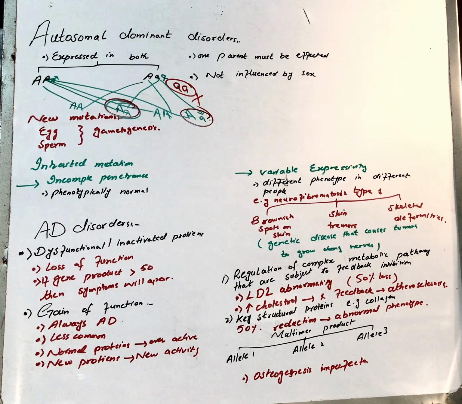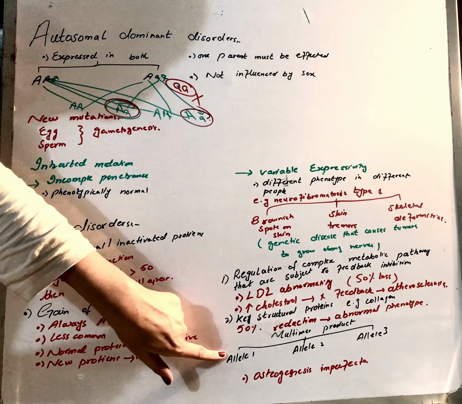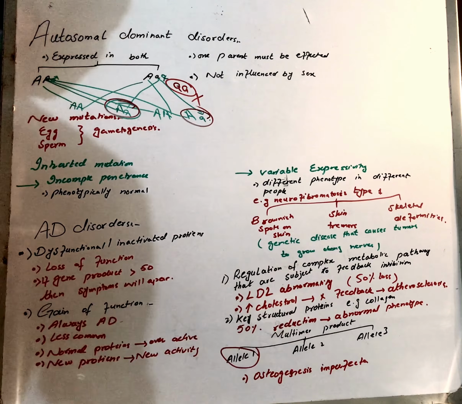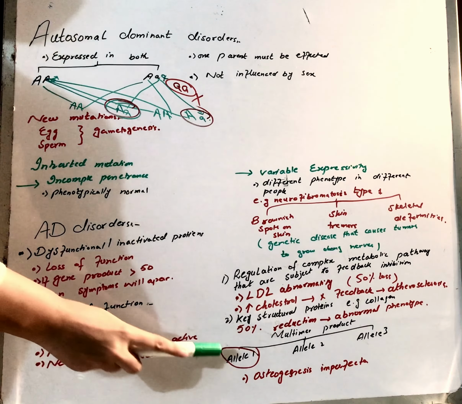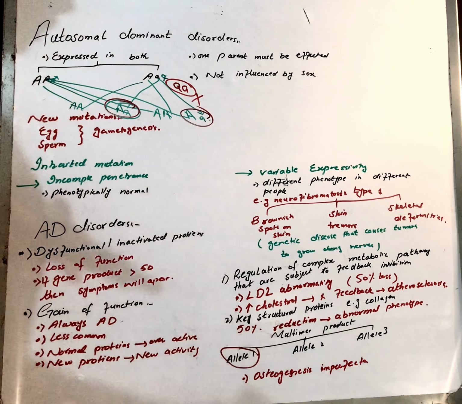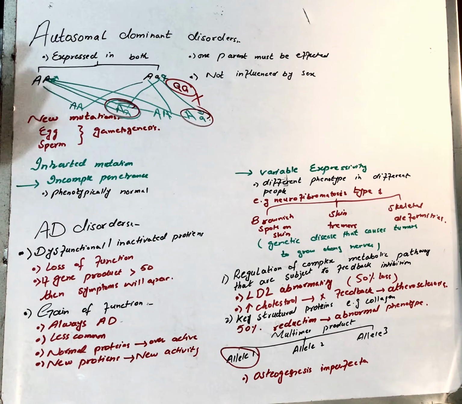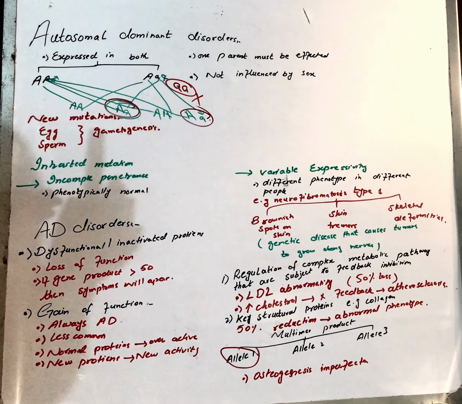But if only one allele is mutant, say this allele is mutant and these are normal, what happens? There will be one collagen chain that is abnormal. This will interfere with the proper assembly and stability of that collagen molecule.